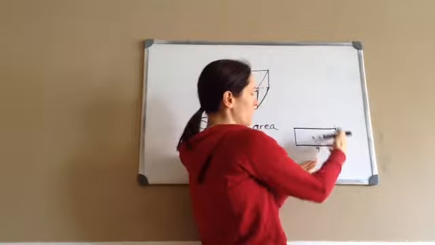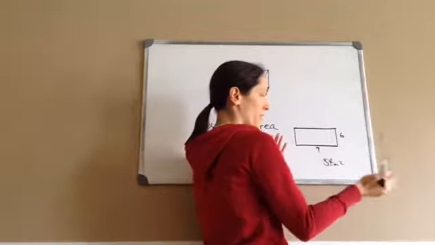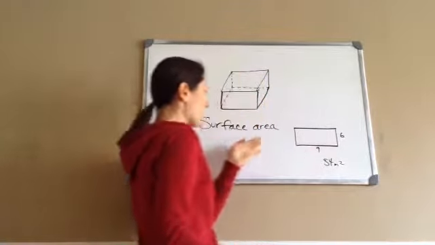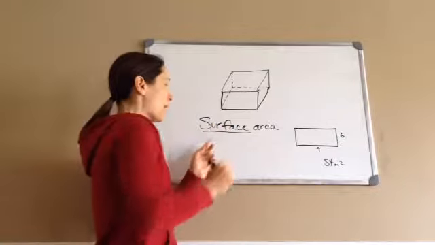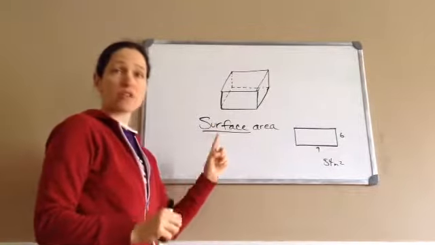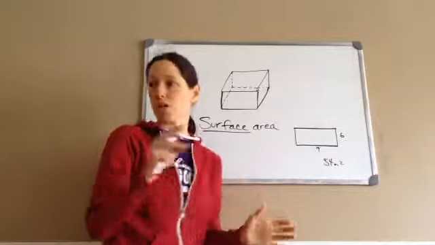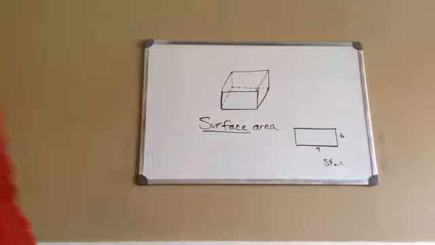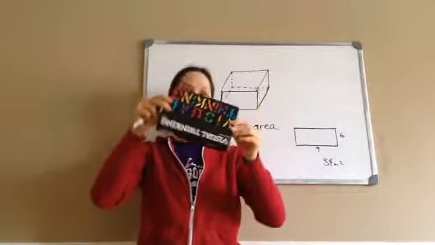So the area of this rectangle would be 54 meters squared, for example. Okay? But now we're talking about surface area. And what surface area means is you're going to find the area of every surface. So for an example, let's take this 3D object. Okay? See what I've got?